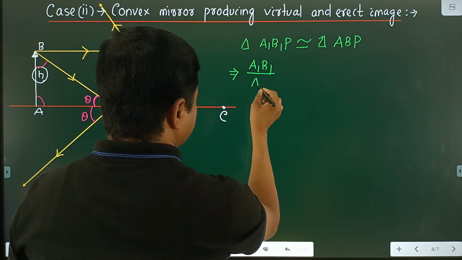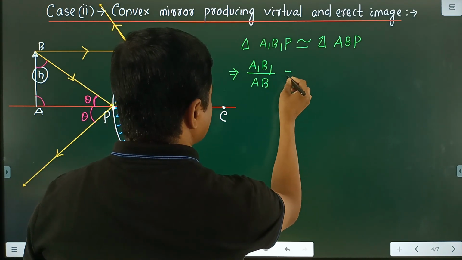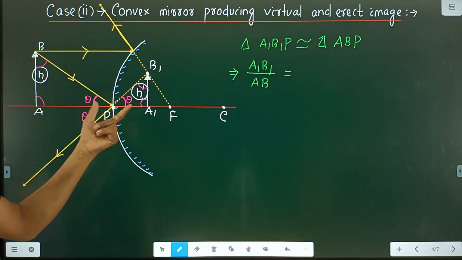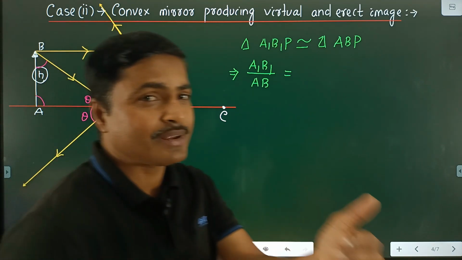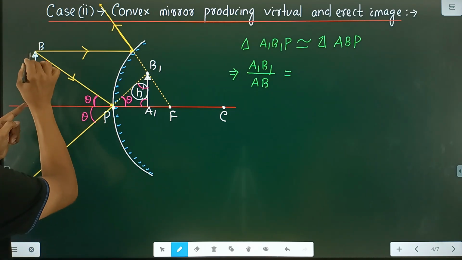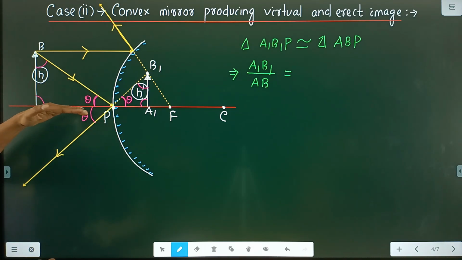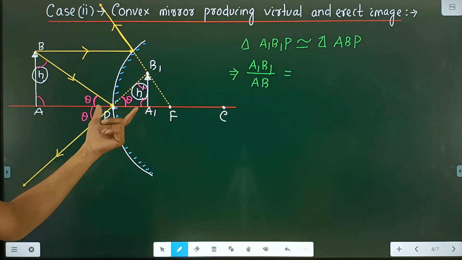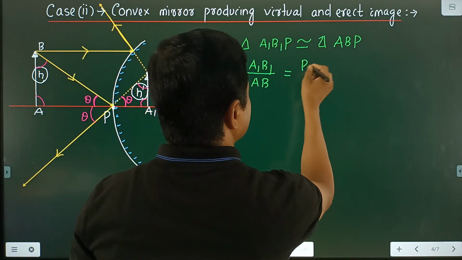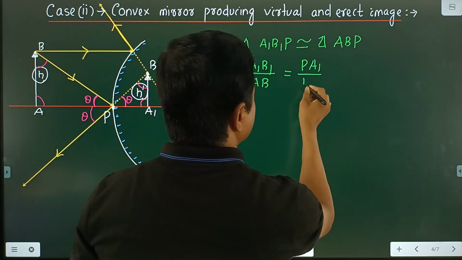AB is equal to, we take side PA1 from the triangle A1B1P, because PA1 is situated on the principal axis. Similarly, we take side PA from the triangle ABP, because PA is also situated on the principal axis. We compare PA1 with PA.